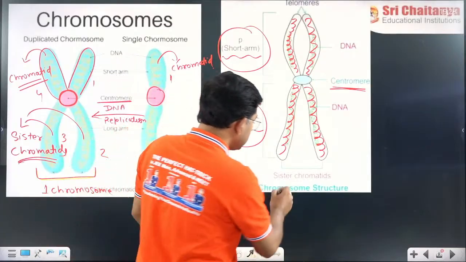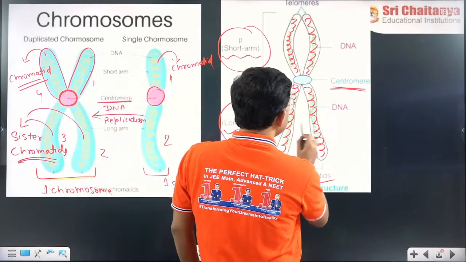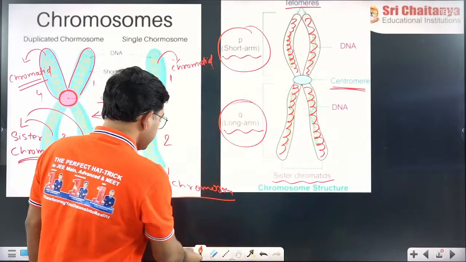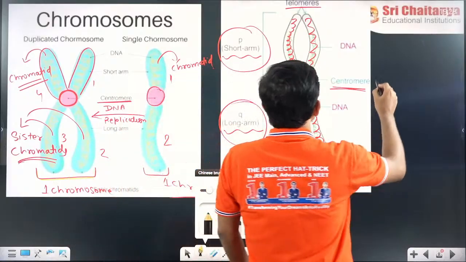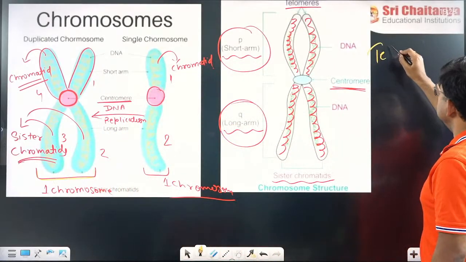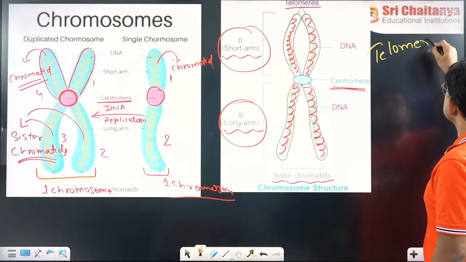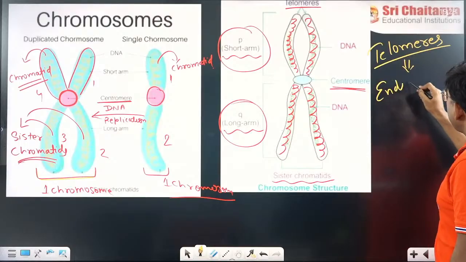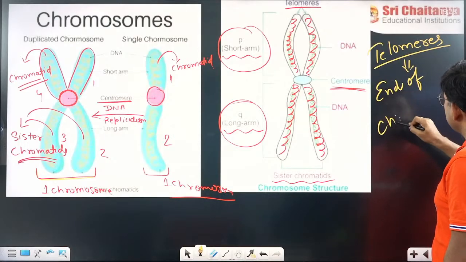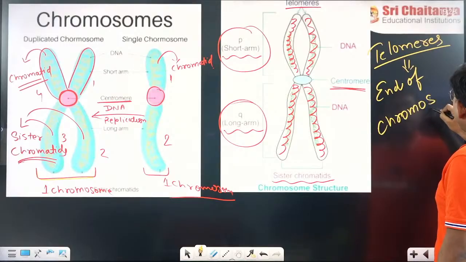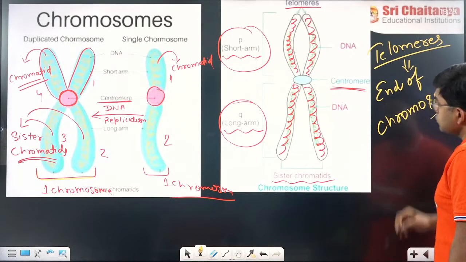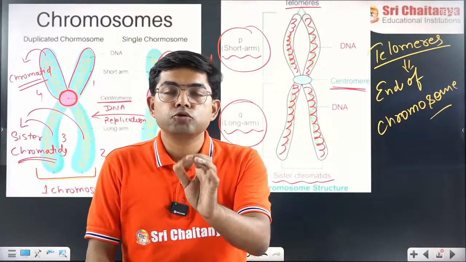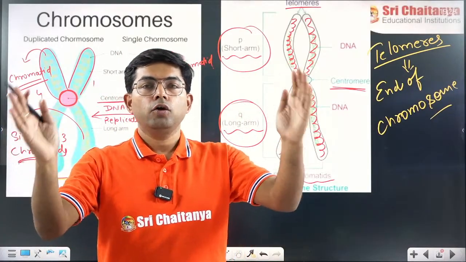Further, if you see, this is labeled as sister chromatid, and at the end you can see telomeres written. So what are telomeres? Telomeres are basically the ends of the chromosome. Remember, telomeres protect the chromosome at the end, right?